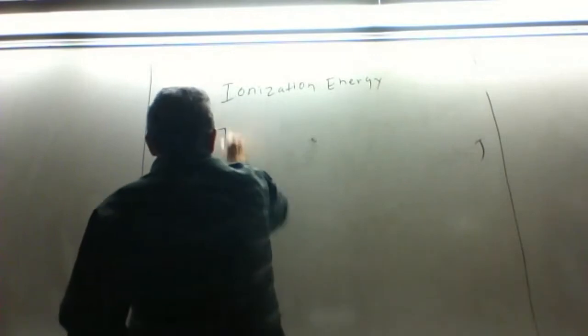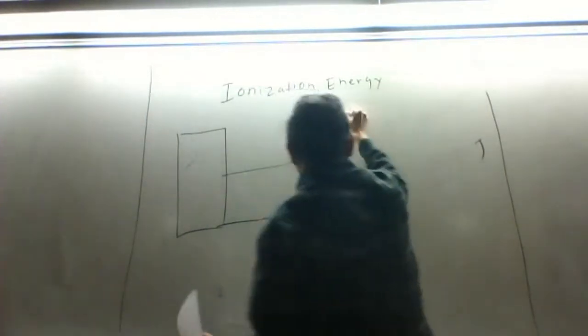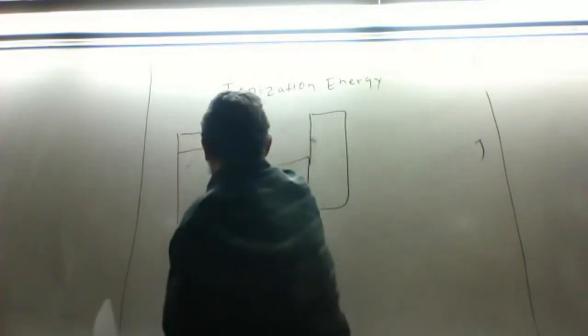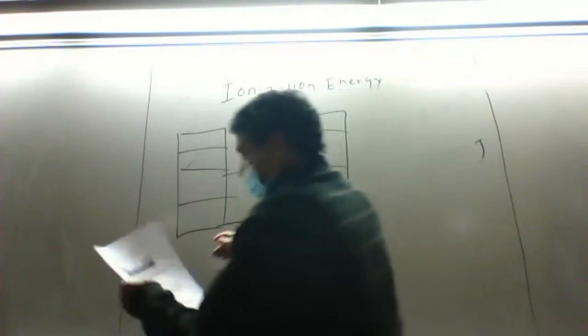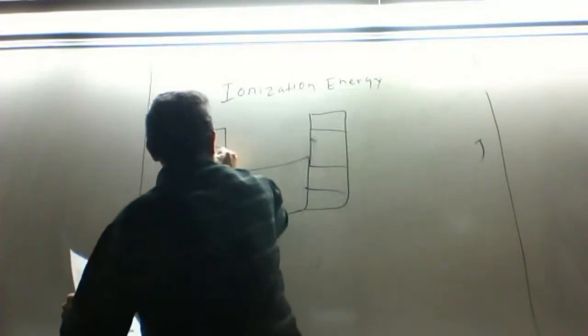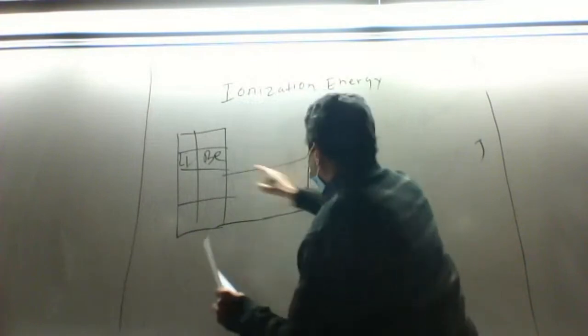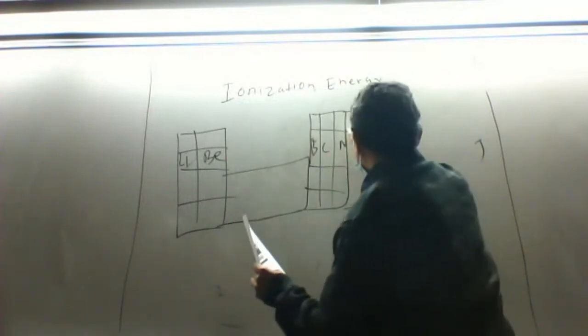So good. Now let's talk about the periodic trend. So you have a periodic table. The periodic table is like this, and you see a lot of elements here. Let's talk about the second period. I have lithium here, beryllium here, and then boron, carbon, nitrogen.